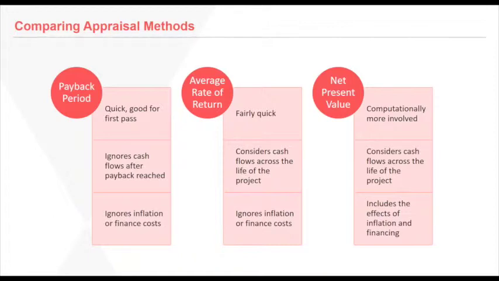What you may have noticed when we undertook that payback period, when we were looking at Project A, is that we saw that Project A paid back its £500 capital outflow in 2 years. We got to the answer, 2 years, and we stopped. We ignored the cash flows that came after that 2-year point.